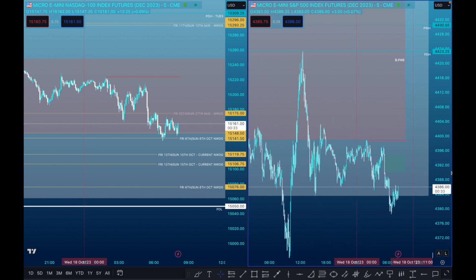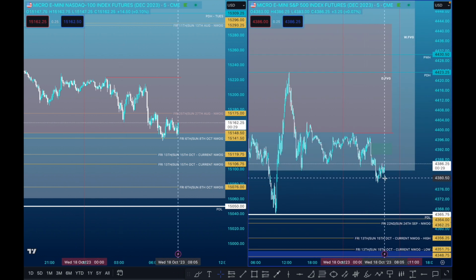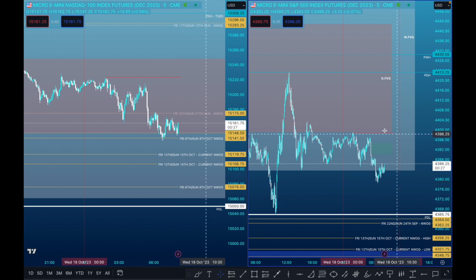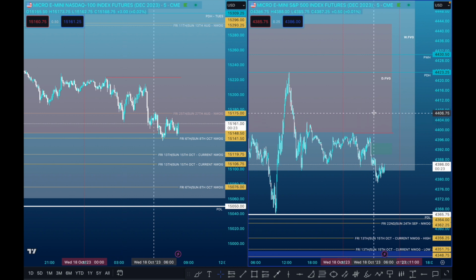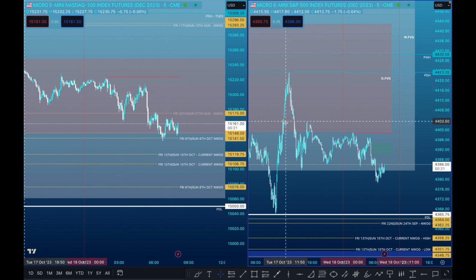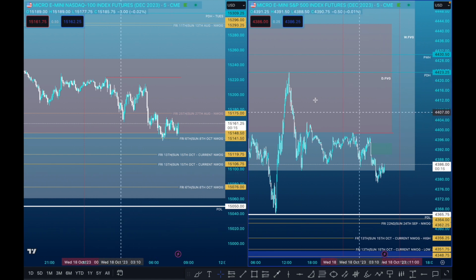We'll get a lot more information when we have the open around 8:30, 9:30. If we do trade above this and we respect this high, then we could look to go long into this buy side up here, so this entire swing, to take out the previous day high up there for the E-mini.